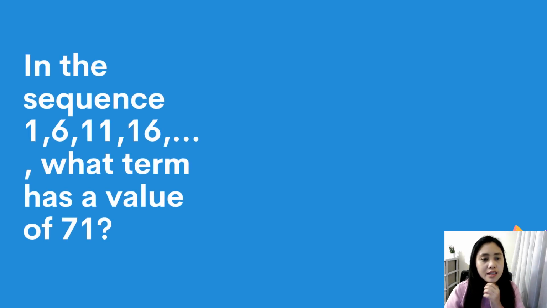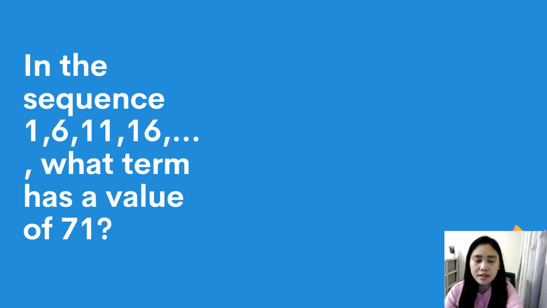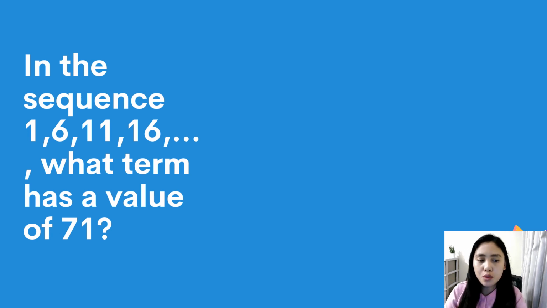Next, in the sequence 1, 6, 11, 16, and so on, what term has a value of 71? What does it mean? Pang-ilan si 71? So, anong meron na maaaring nating magamit? Meron tayo ditong first term, which is a sub 1. Ano naman ang common difference?